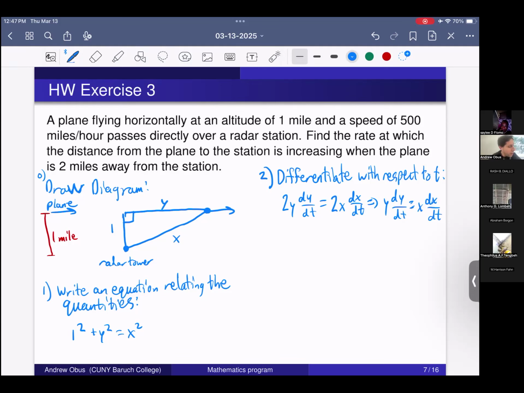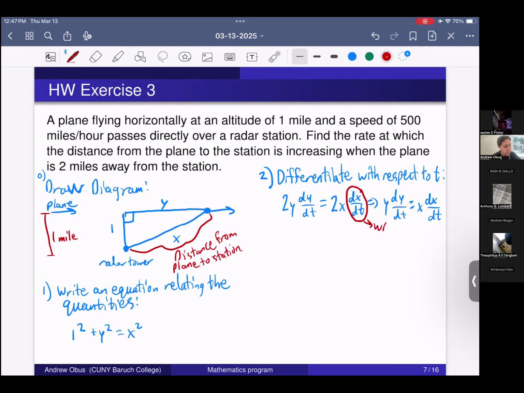And what is it that we want to find out? Well, the question is asking what is the rate that the distance from the plane to the station is increasing, right? So this x over here, this is the distance from the plane to the station. Okay? So dx/dt, that's the rate of change that we want to solve for.